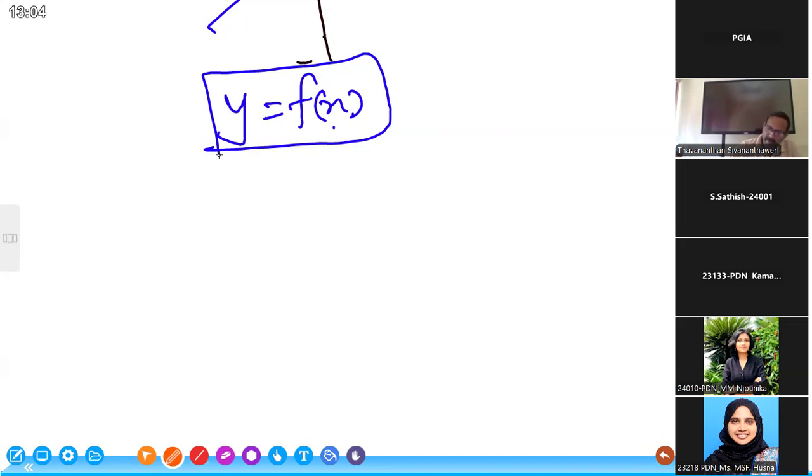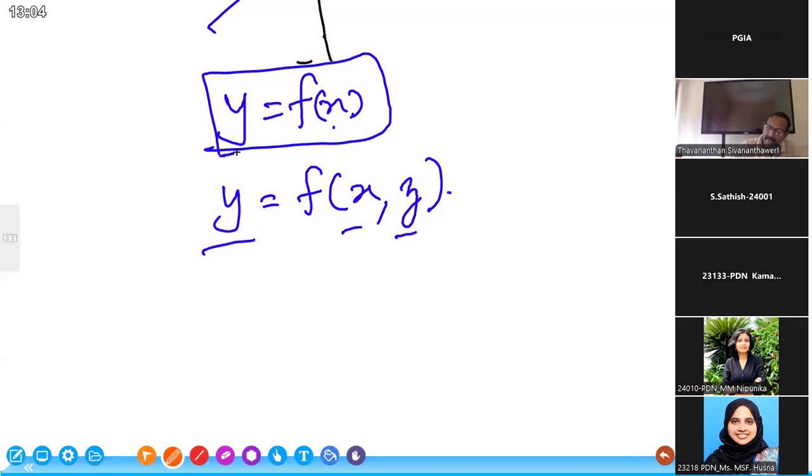Now suppose y is a dependent variable that depends on two variables, let's say x and z. Not like the earlier case, where y depended only on x, only one variable. So we don't have any problem: we take the derivative of y with respect to x, only with respect to x, because we have only one variable.